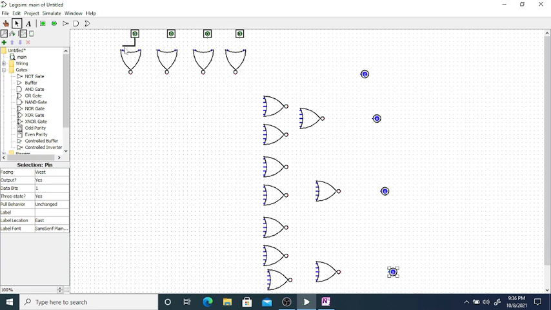Now we will connect them. So we will take one output from each input.